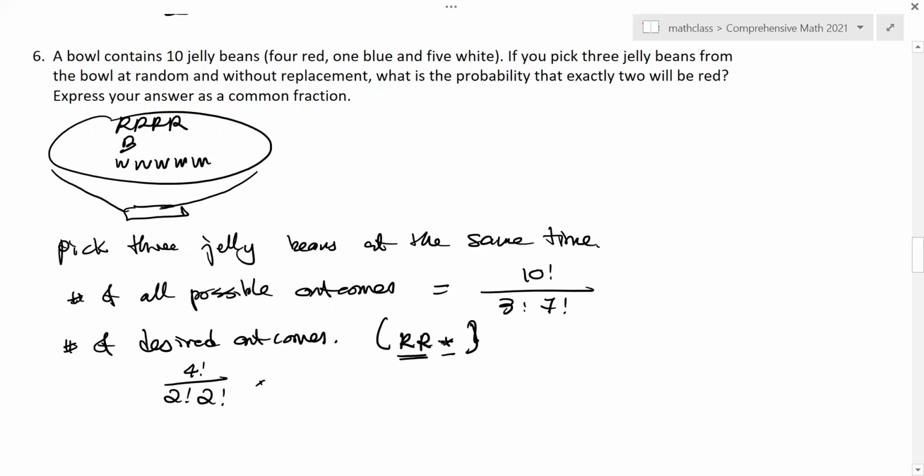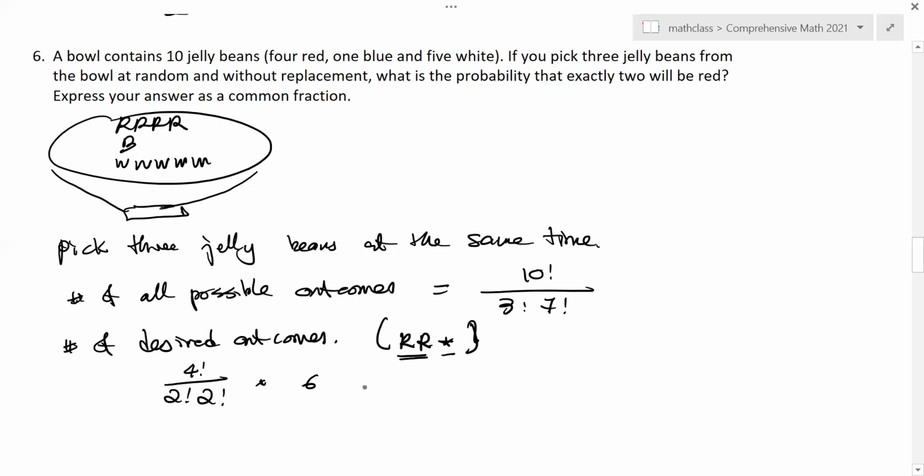Then you pick a non-red one. How many non-red ones are there? Total 6. So on the left side, 2 red, and on the right side, just a 6. There are 6 choices. In total, you have this many choices.